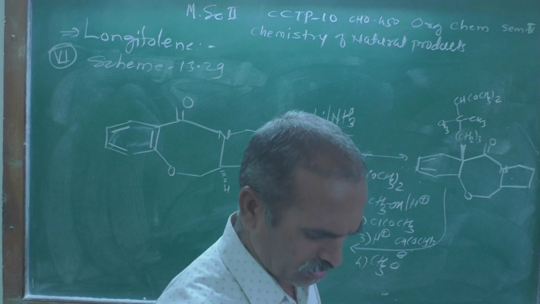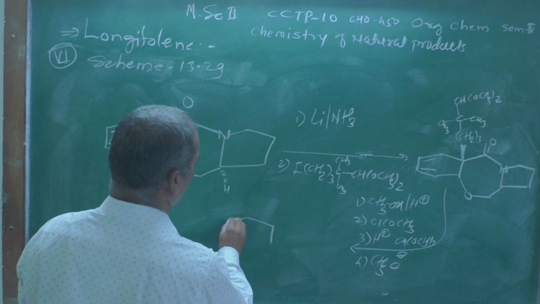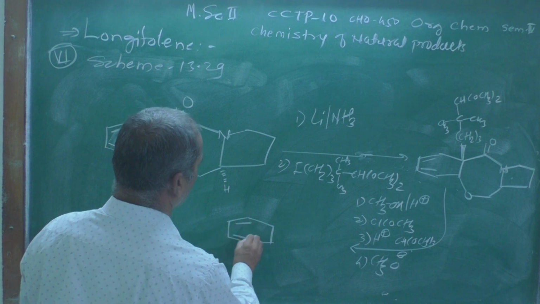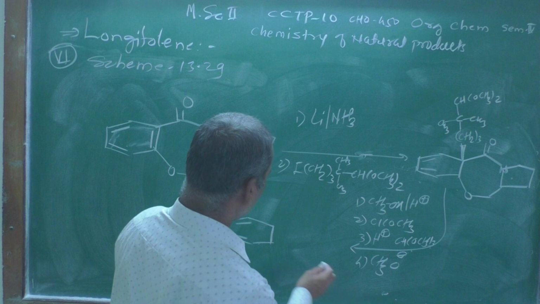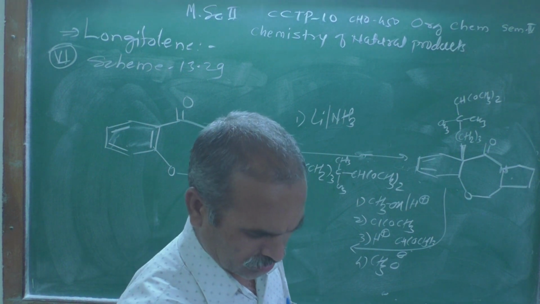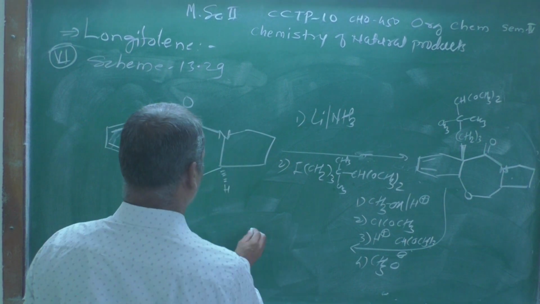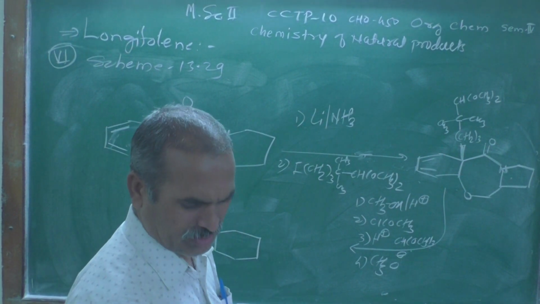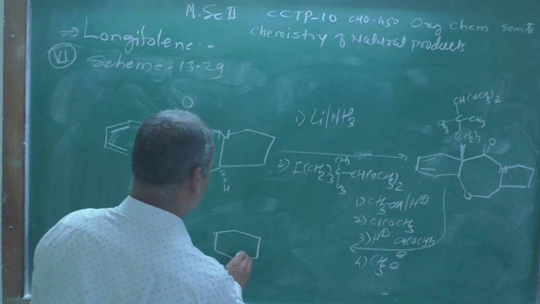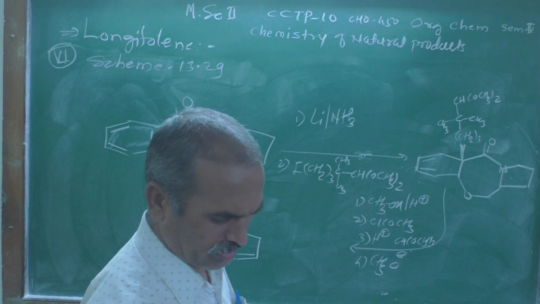After adding all these things, finally you are going to get the compound with this double bond here. Let's see, I am making a correction here. One of the double bonds is shifted over here, with one of the hydrogen atoms over there.